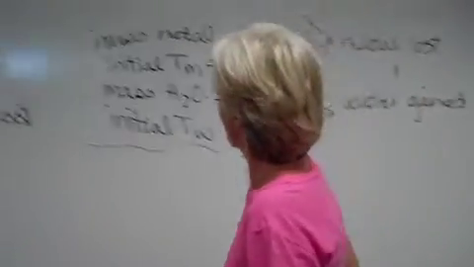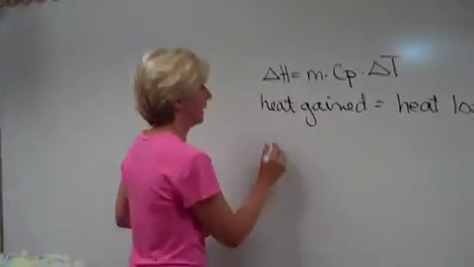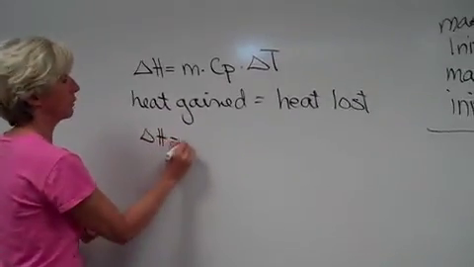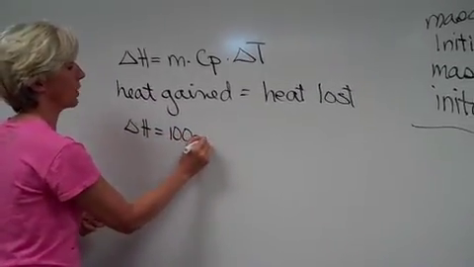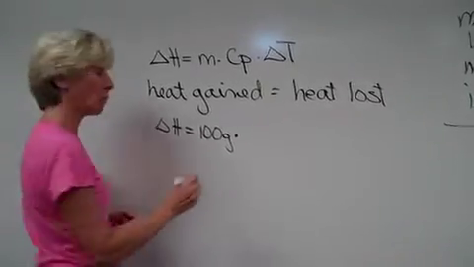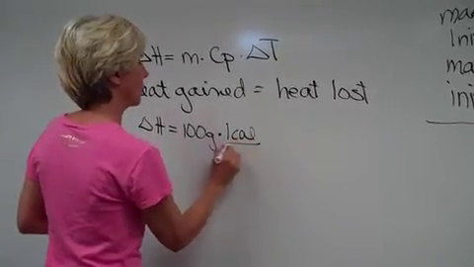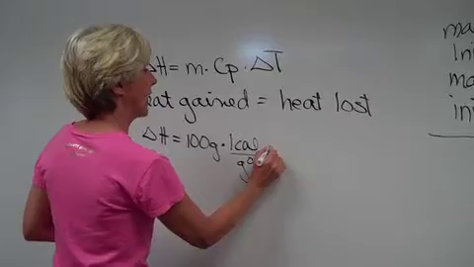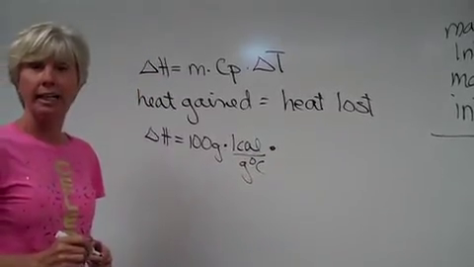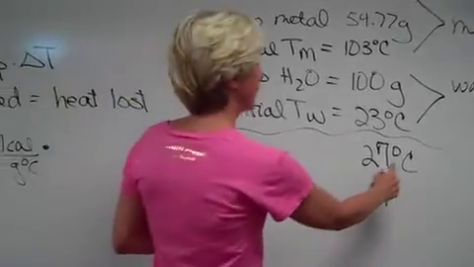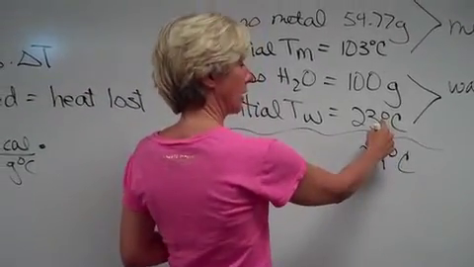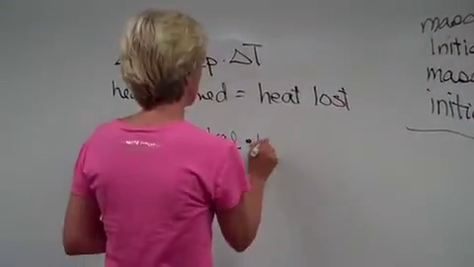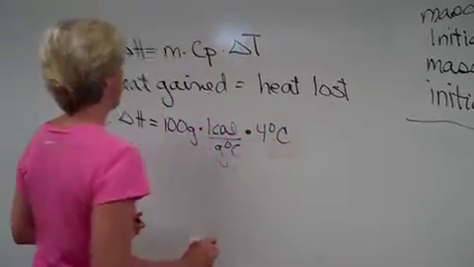So, the water, delta H, is equal to the mass, 100 grams, times the Cp of water, 1 calorie per gram degree Celsius, times delta T. What's delta T? Final minus initial. 27 minus 23 is 4 degrees Celsius.